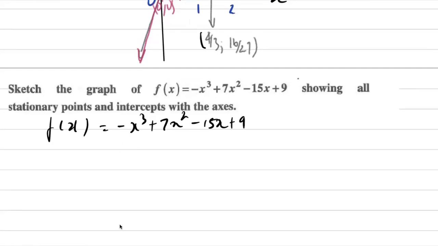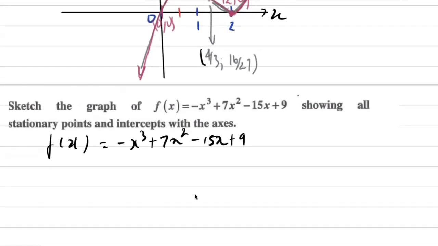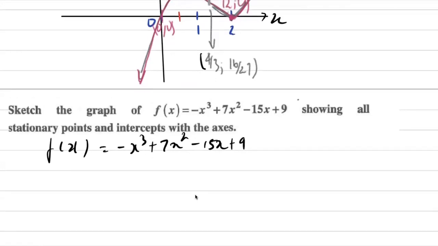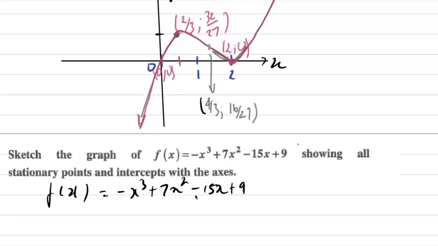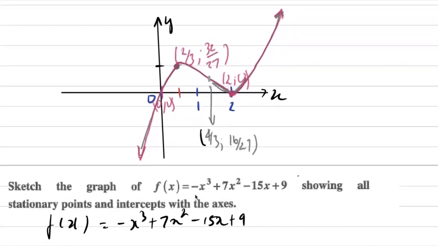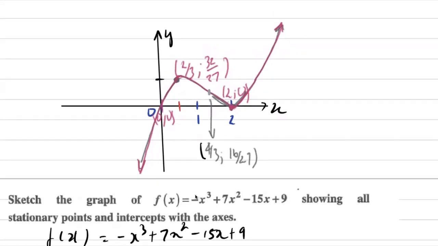Sketch the function f(x) equals negative x cubed plus 7x squared minus 15x plus 9, right?